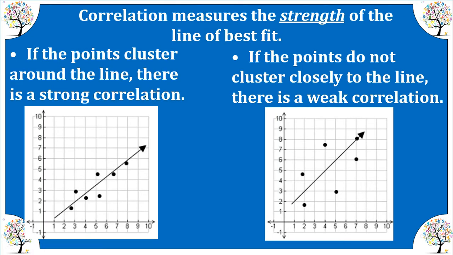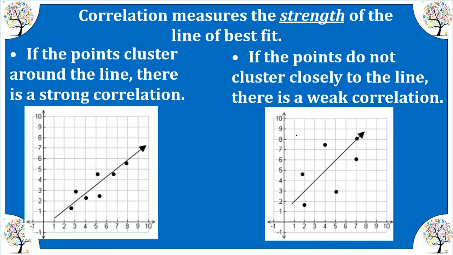So let's talk about the word correlation. It is a measure of the strength of our line of best fit. If the points cluster close together, as we see in the example on the left, we can see these data points cluster very closely together, and therefore we would say this has a strong correlation.